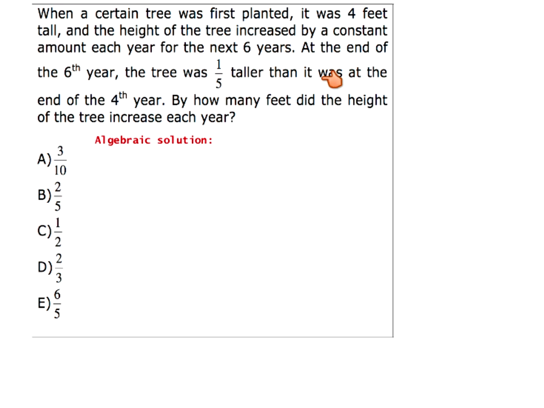Although, do you really have to do that? Maybe not. We'll see here. But let's do it that way anyway. Let's say that x is, what is our variable going to represent here? Someone tell me. If you're going to do this algebraically, you got to make a careful choice of variable. What's a good choice for a variable?